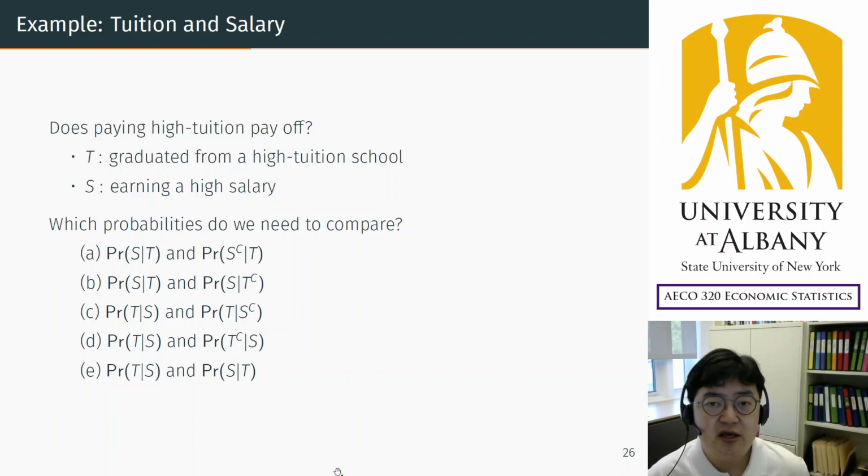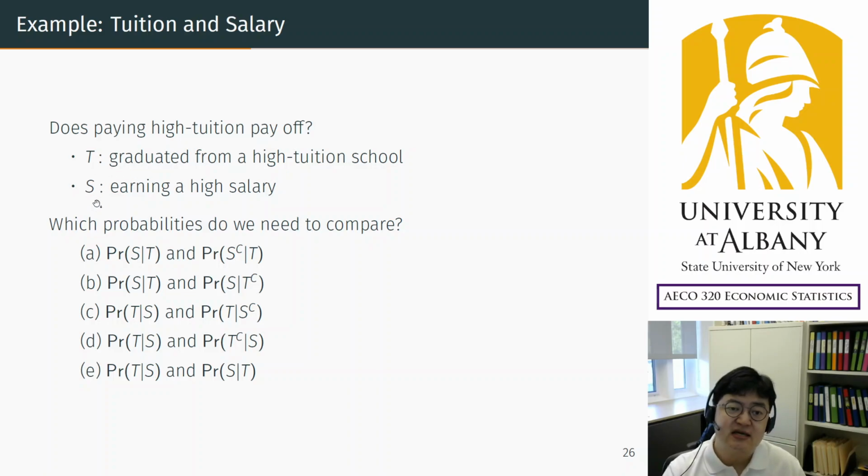So let me think about another example. We are going to think of the relationship between tuition and salary. So our question is, does high tuition school pay off? Say T stands for high tuition. So if T happens, that means a randomly chosen student graduated from a high tuition school.